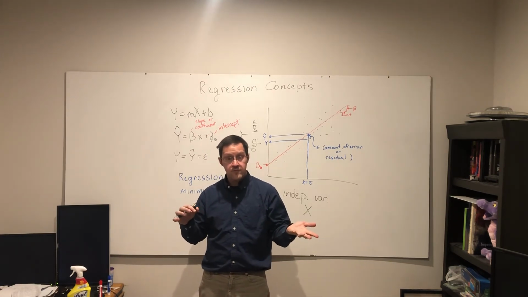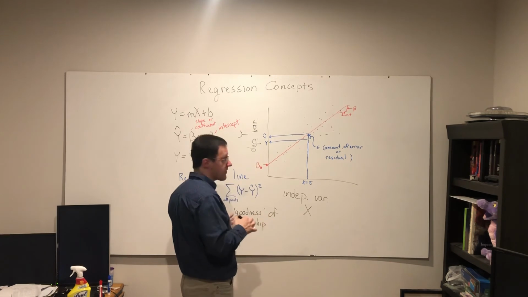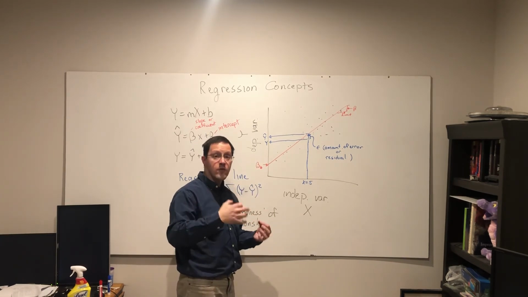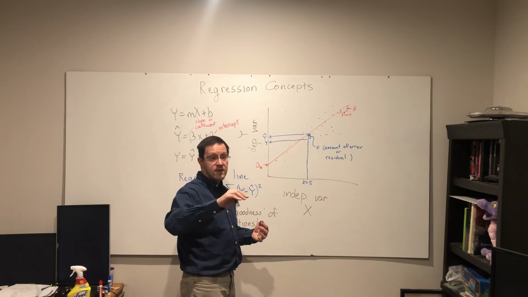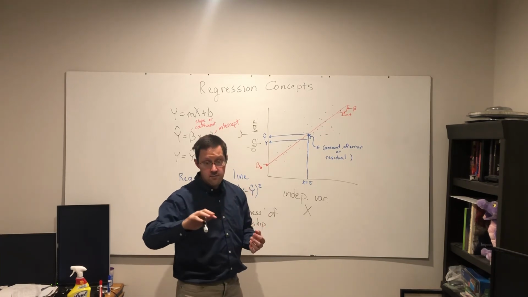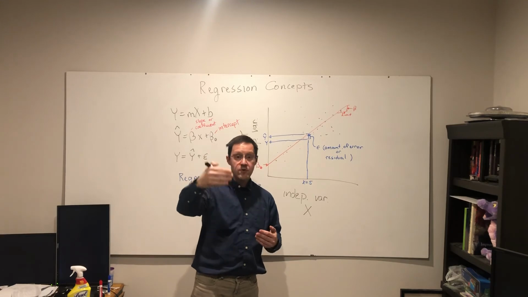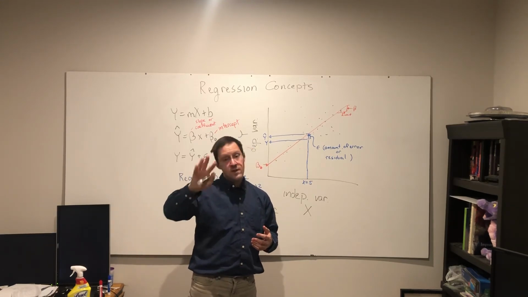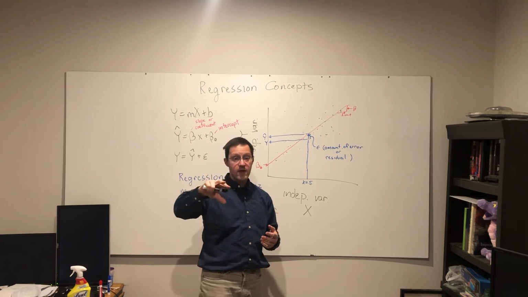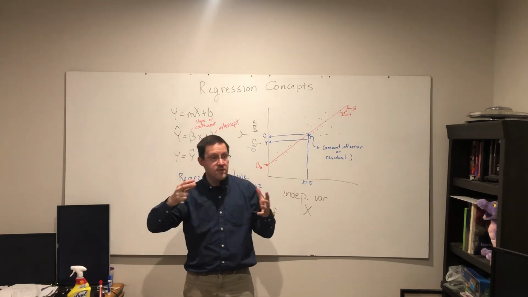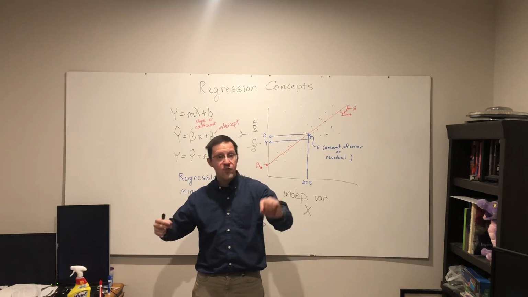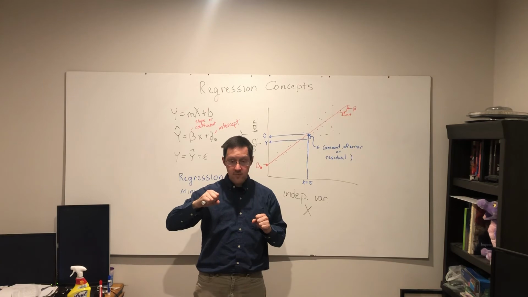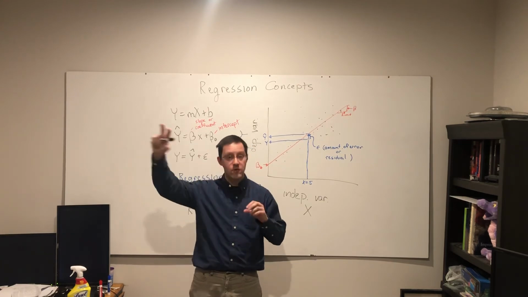For some people, just sticking with the goodness of the relationship may be best for understanding what R squared is doing. In a more specific sense, relating it to ANOVA: in ANOVA, we looked at how much of the variance in all of the points is related to the variance within the group versus the variance between the groups.